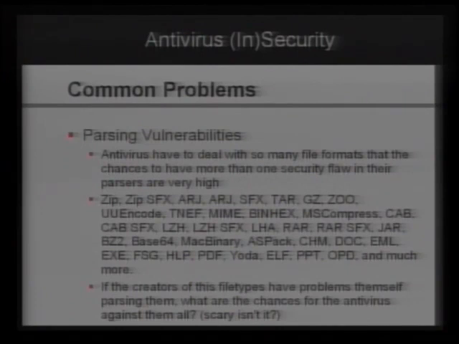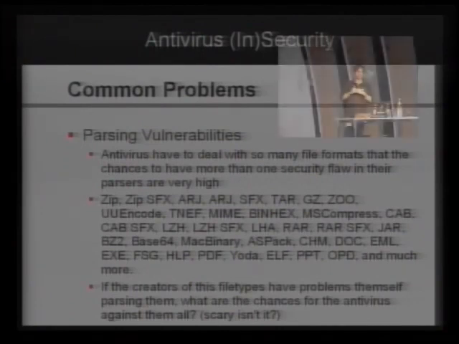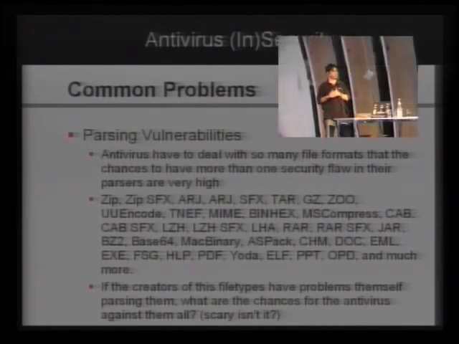My question is how the antivirus is going to be able to handle them all when the guys who actually write the compression that they are using inside are not able to, and have a lot of problems themselves. And okay, this looks really, really scary. And when you start testing this, it becomes even scarier.